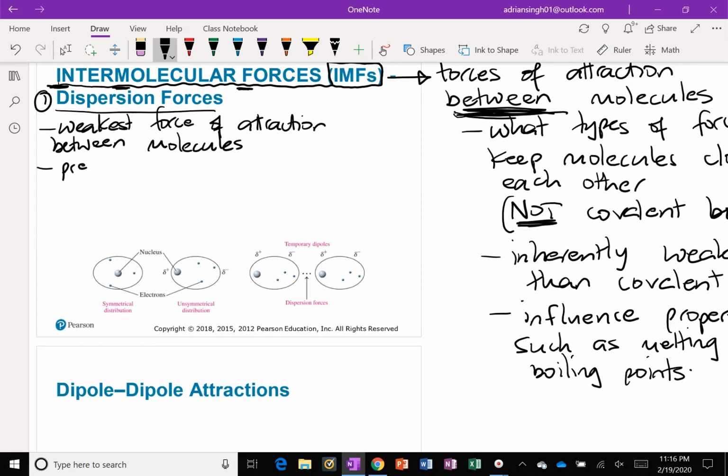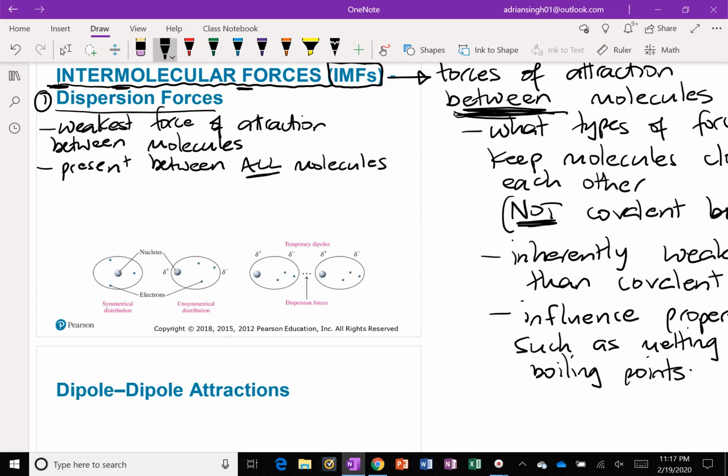These are present between all molecules, even between your fingers and the pencil or pen you're holding, or between your glasses and your forehead.